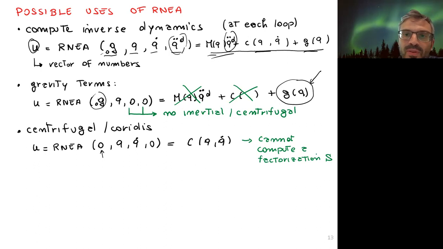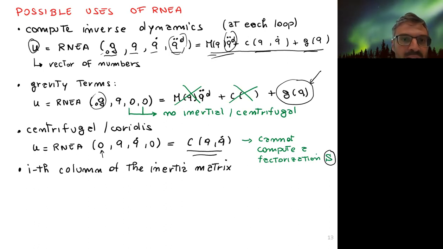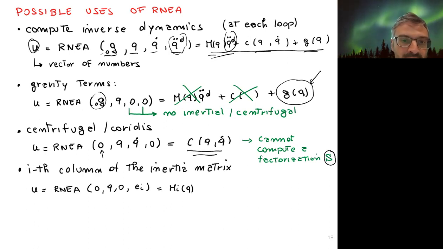Unfortunately, you cannot compute the matrix C. With Newton-Euler, you compute only the vector of Coriolis forces, so an n-dimensional vector. You cannot split it into the C matrix. While you can still do something for the inertia matrix. The trick here is that you can compute the inertia matrix by computing each column separately.